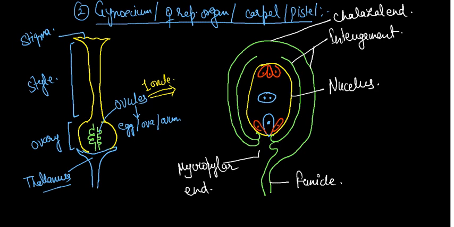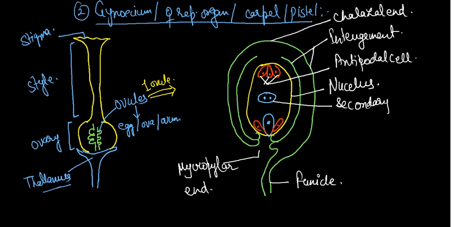This structure is called the nucellus. Inside the nucellus, there are so many cells present. These three cells, which are present at the chalazal side, are called antipodal cells. This cell is called the secondary nucleus, or in some books it is written as polar nuclei. Both are correct.